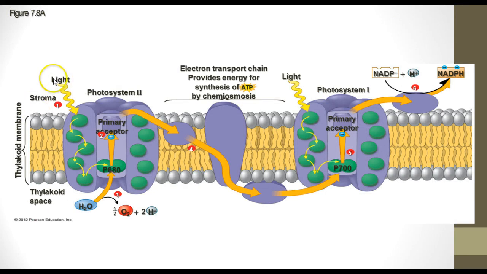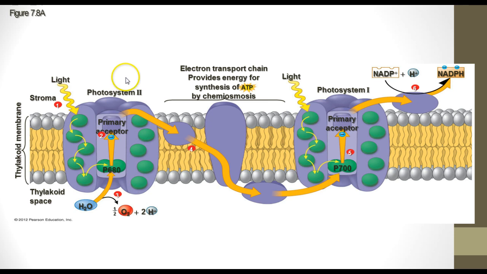So here's what happens. The light strikes the light-collecting molecules in photosystem II, which are going to activate P680. This is going to give energy to split water molecules. We're going to release the oxygen, the electrons are going to be accepted by the primary electron acceptor, and the protons are going to collect here in the thylakoid space.